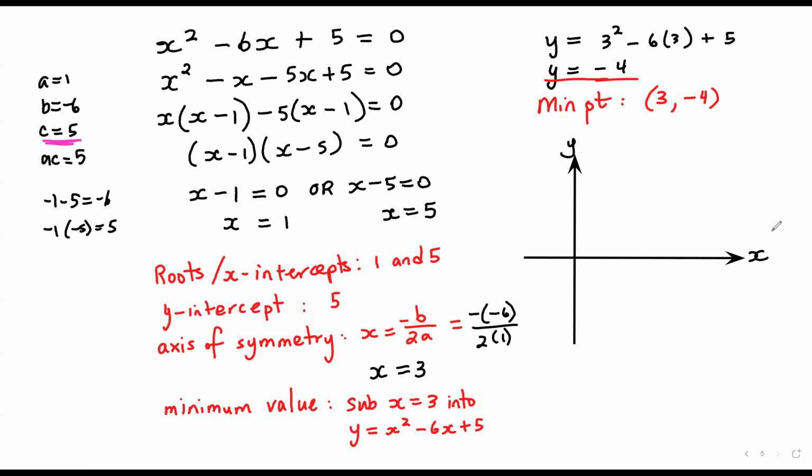I know that the curve is going to be a U shape because the coefficient of x squared, a, is positive. So what do we have? We know that the curve cuts the x-axis. The roots of the equation are 1 and 5. And then the y-intercept is 5. And also the minimum point is 3, negative 4.